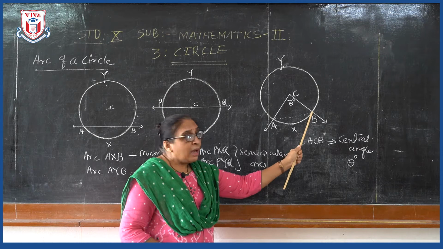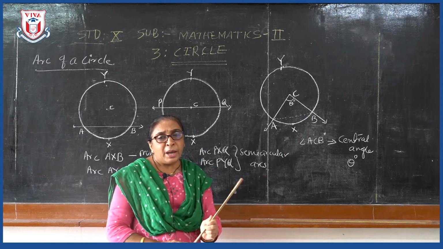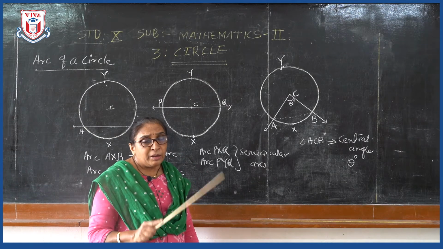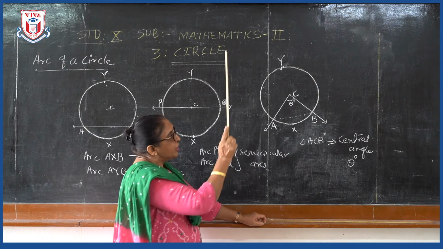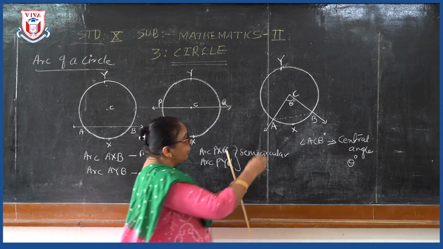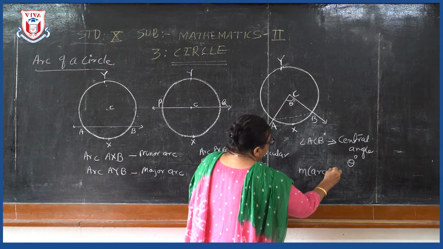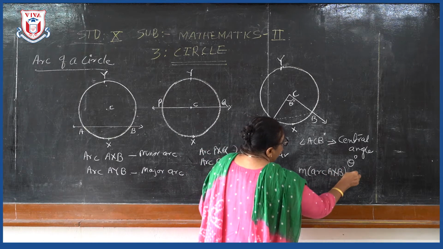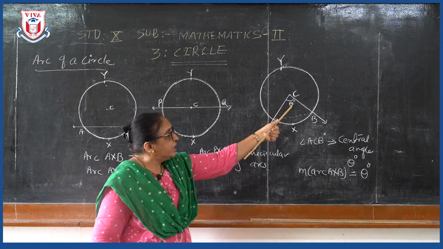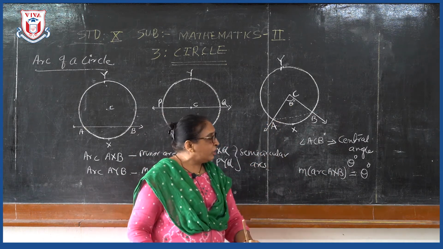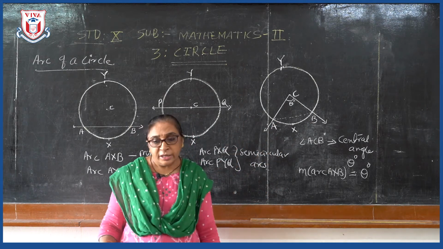Now minor arc, how we can explain its measurement? Minor arc measurement is always equal to its corresponding central angle. So measure of arc AXB will be theta degree, because central angle is theta degree.